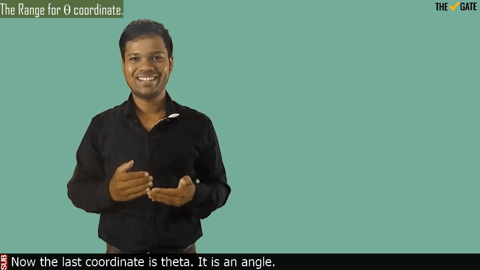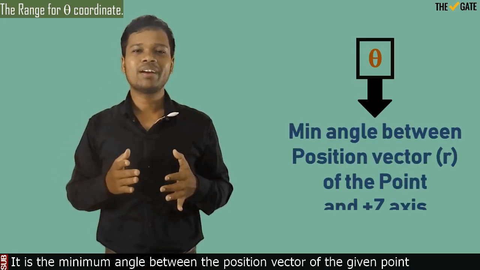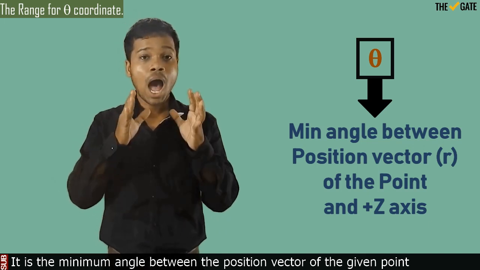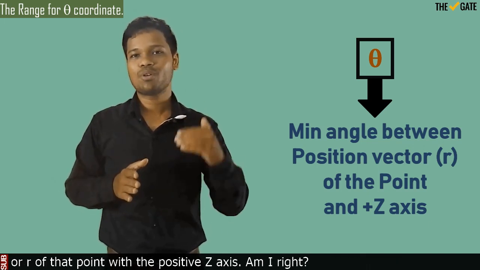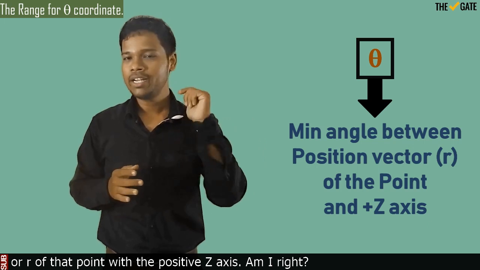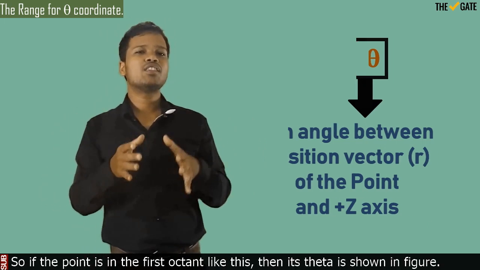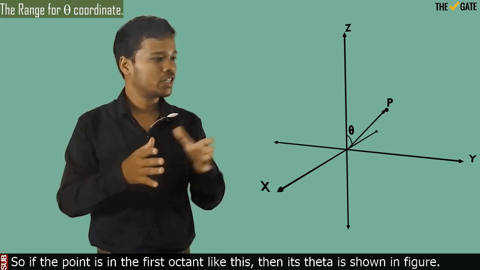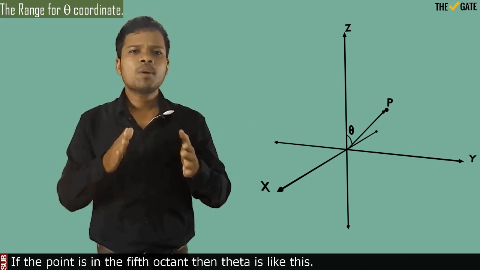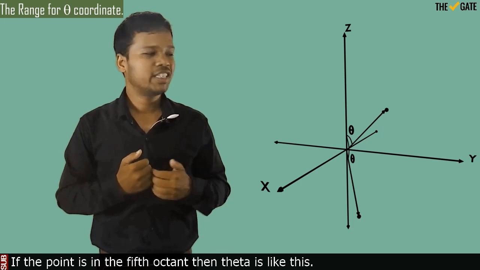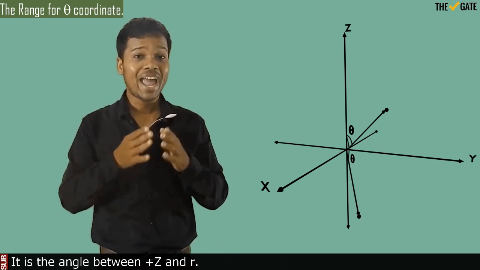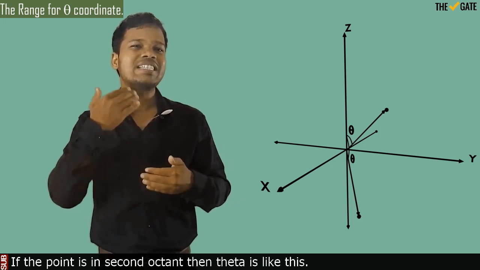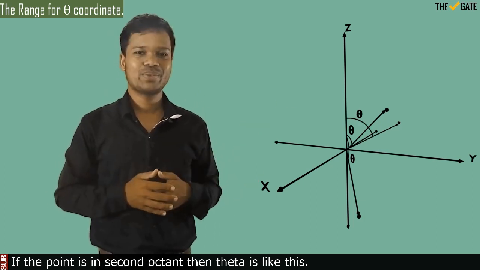It is an angle. It is the minimum angle between the position vector of the given point, or r of that point, with the positive z-axis. Am I right? So if the point is in the first octant, like this, then its theta is shown in the figure. If the point is in the fifth octant, then theta is like this. It is the angle between plus z and r. If the point is in the second octant, then theta is like this.